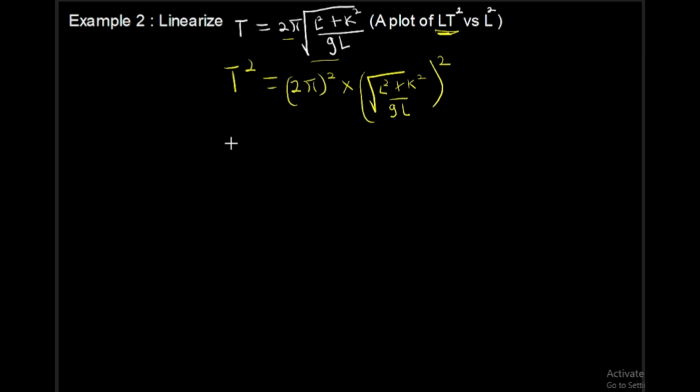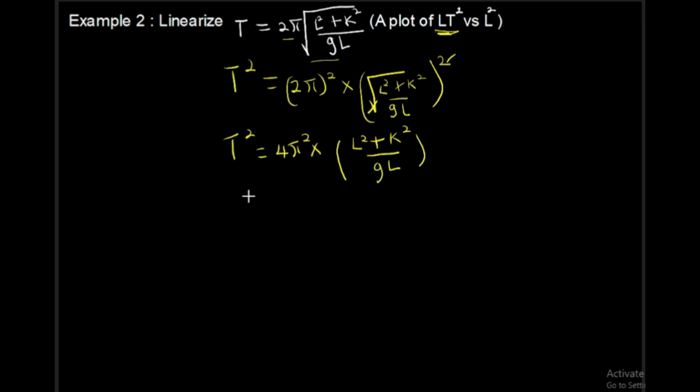So that will give you T squared equals 2 pi all squared, which is 4 pi squared, times... Now the square cancels the square root, so we are left with L squared plus K squared over GL.